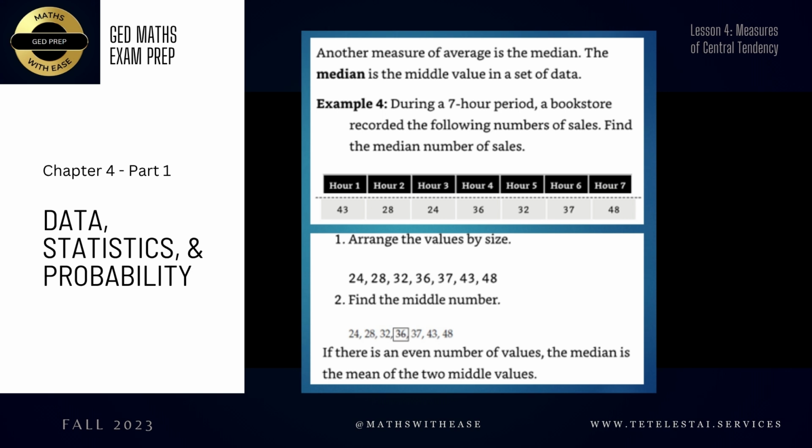Find the median number of sales. So to find the median, you simply want to arrange your numbers from smallest to largest, okay? And then you would choose, so, okay, let's go back to the question here.